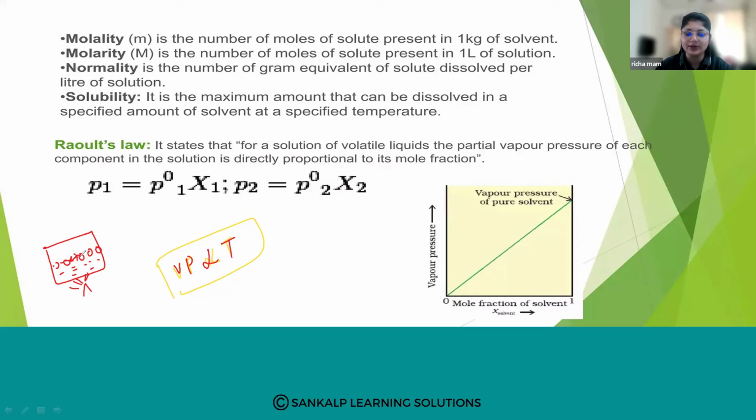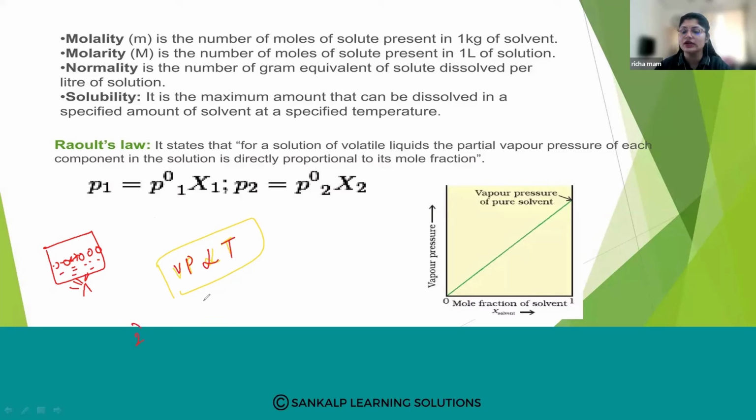As there is a rise in temperature, these molecules gain kinetic energy and move faster, and due to this random motion, there will be an increase in vapor pressure. So this is about temperature.